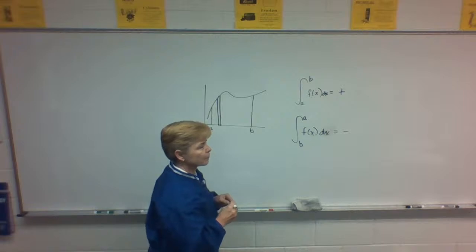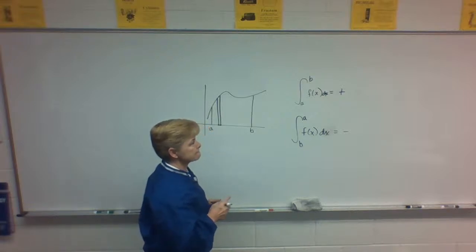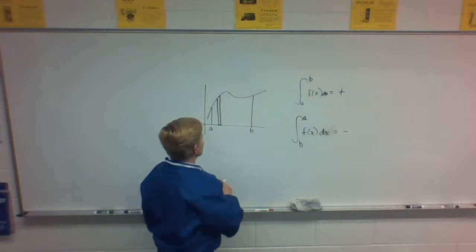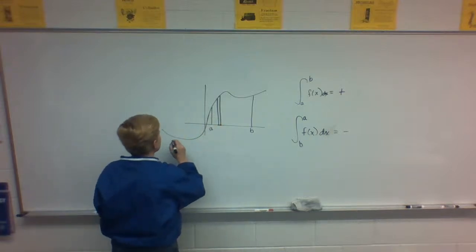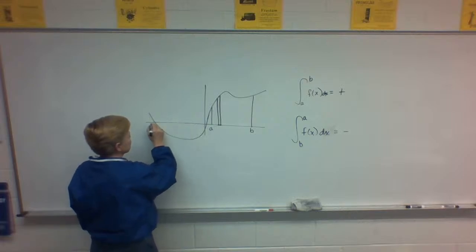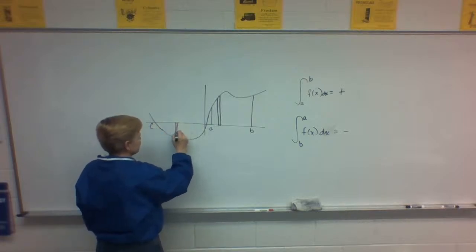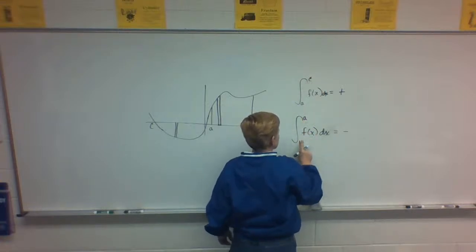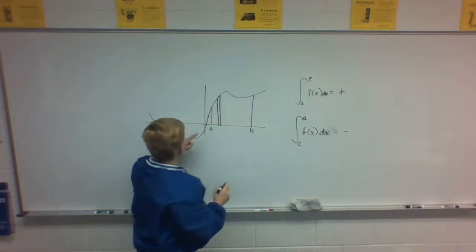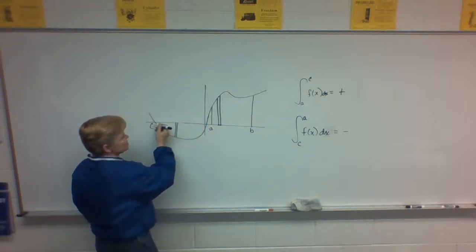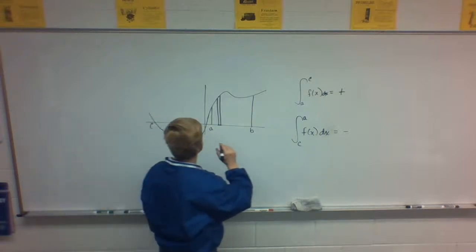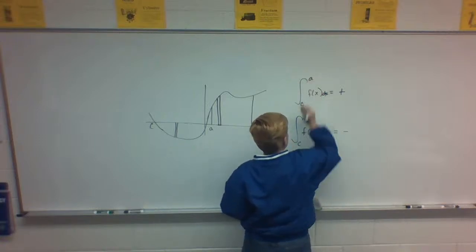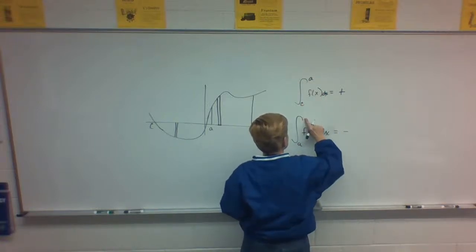Yes? If it had negative x values and you were going b to a, would it make them positive? Yep. So if I continued this curve down over here somewhere and put a c over here, and I was looking at this rectangle, then going from c to a would be in the forward direction, and a to c would be in the backwards direction.